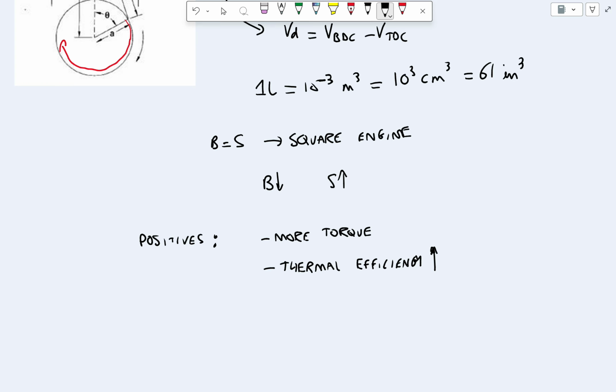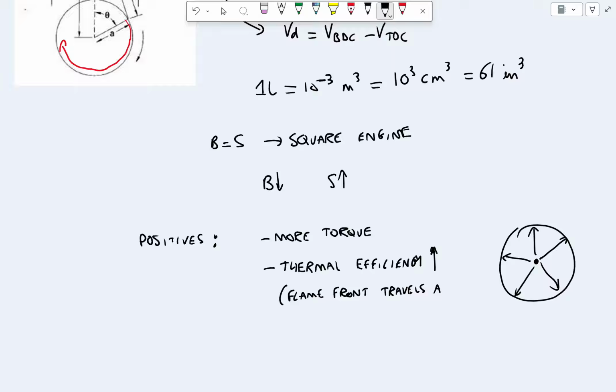And this is because if we have a shorter bore and we're looking at the engine from the top view, if our flame from our combustion is going from the inside out, if the bore is smaller, the combustion is going to take less time to get to the outside. So what we can say is the flame front travels a shorter distance.